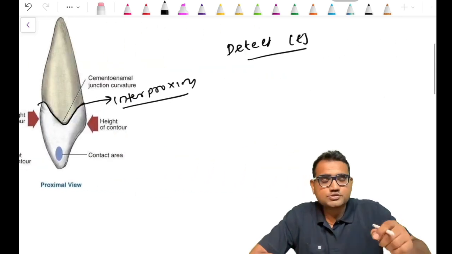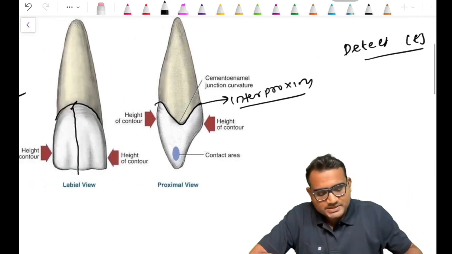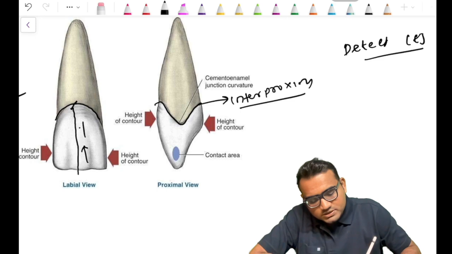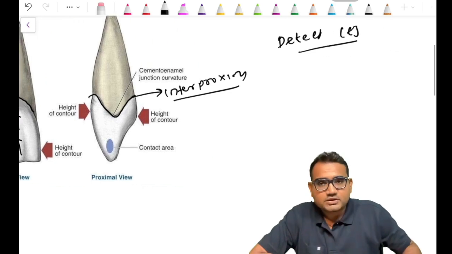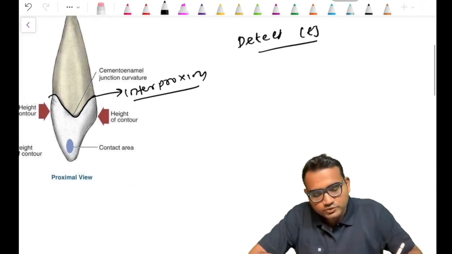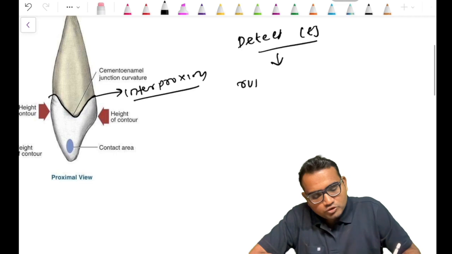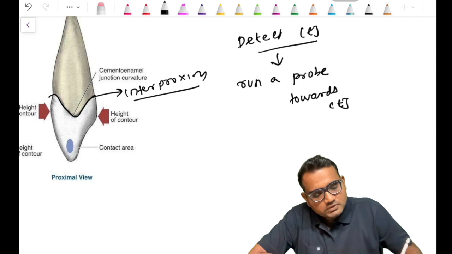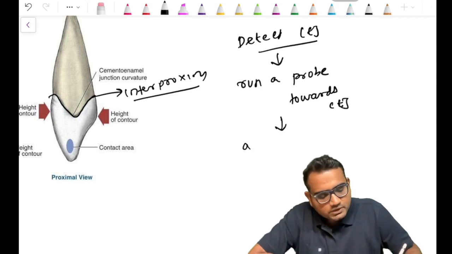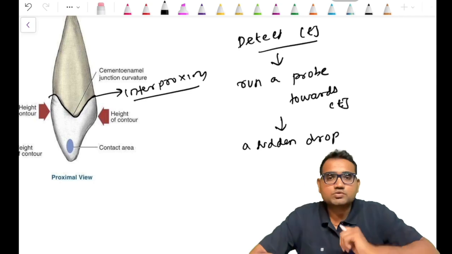As you see, as you do an access opening, there's going to be a sudden drop when I run the probe from this direction towards the CEJ, and there will be a sudden dip, right? That is how you detect CEJ. So run a probe towards CEJ and you feel a sudden drop. That is what CEJ is.